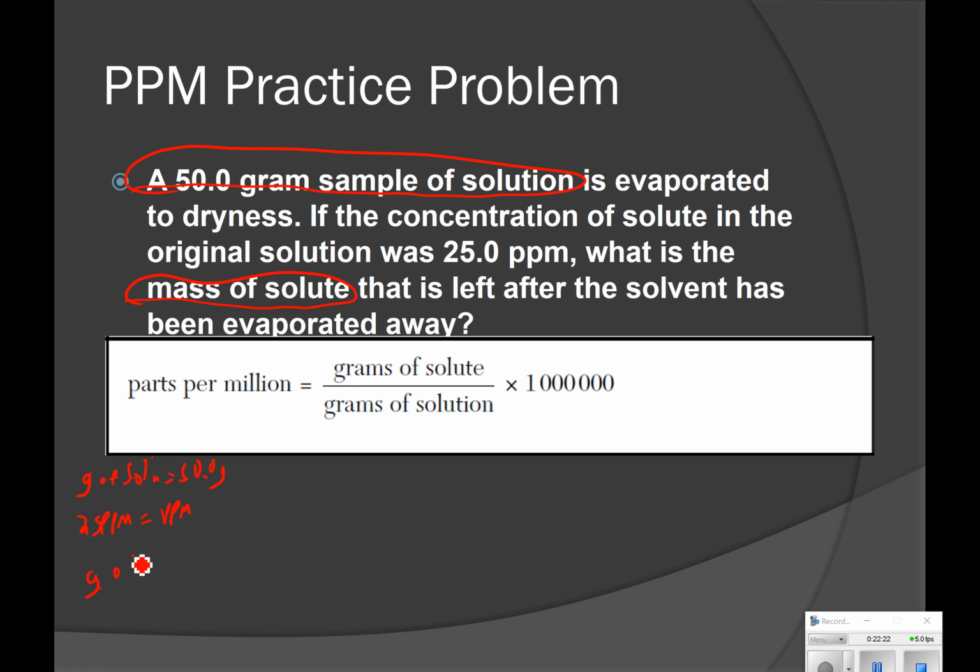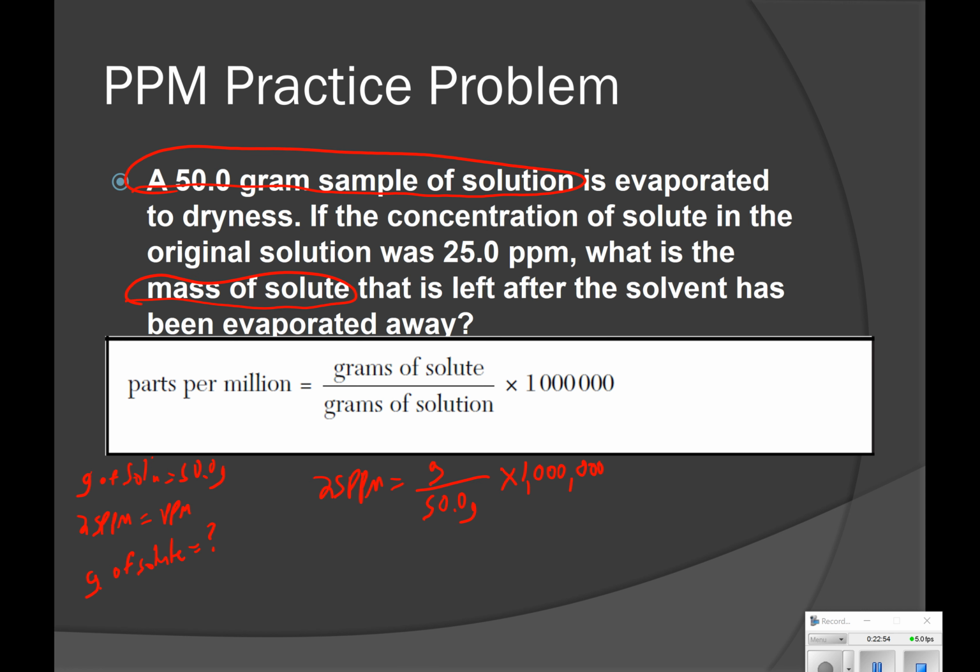So the grams of solute, we don't know. So this is going to be a little different here. I'm going to plug this in as we see it in the equation. So 25 parts per million is equal to grams of solute that we don't know over 50 grams of solution times 1 million.